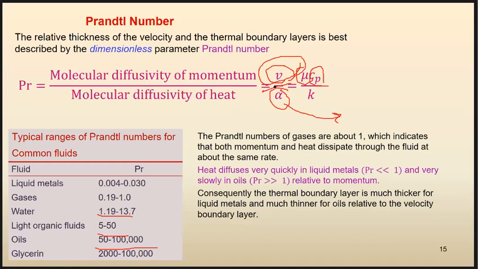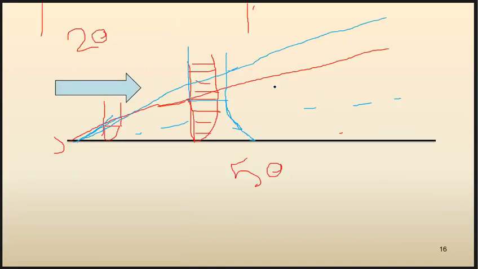Basically, it tells us whether the velocity boundary layer is growing faster than the thermal boundary layer or vice versa. This is the main meaning behind the Prandtl number.